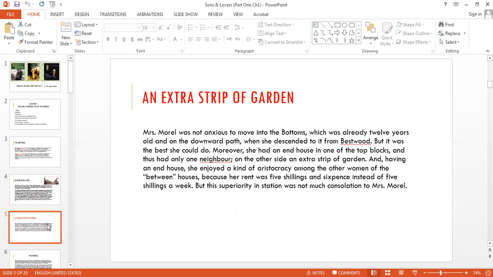You see that D.H. Lawrence really concentrates on his family having this garden, because we'll see in many incidents that whenever the characters feel suffocated by the house and the problems inside it, they just get out to the garden, they smell the roses, and they can inhale clear air, although it's a mining country. It's a kind of relief. She enjoyed a kind of aristocracy among the other women because she has this advantage in her house.